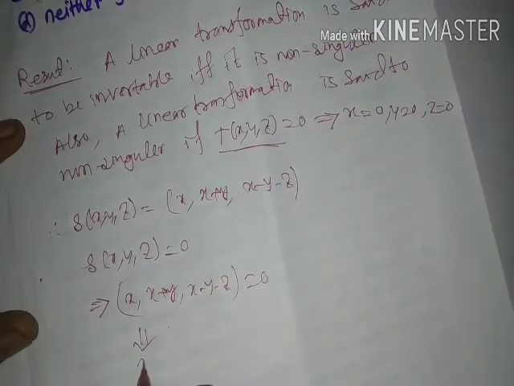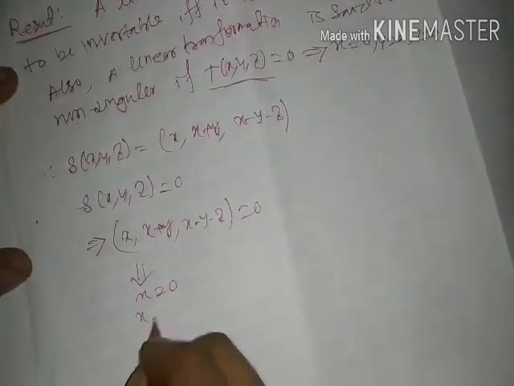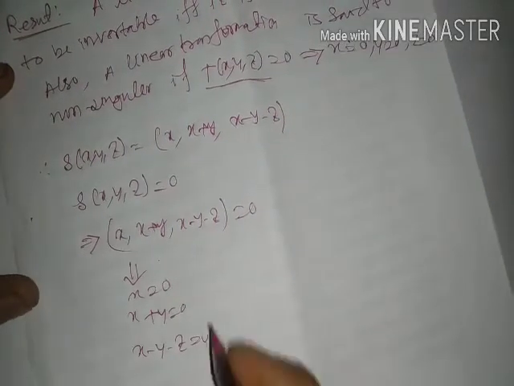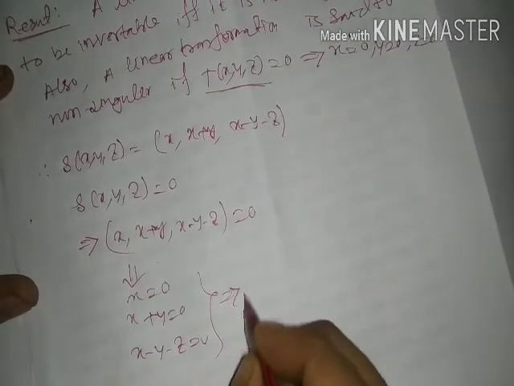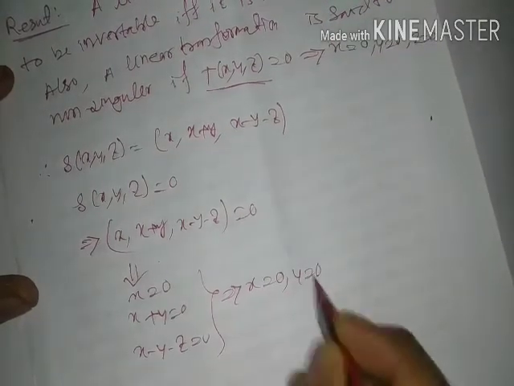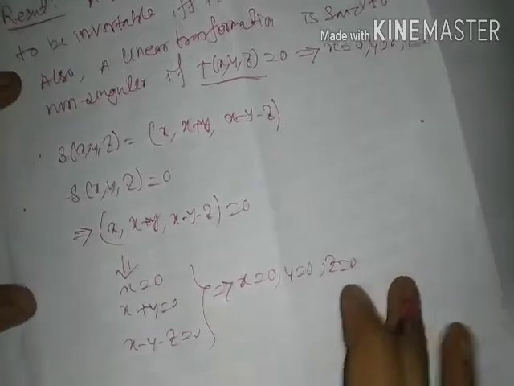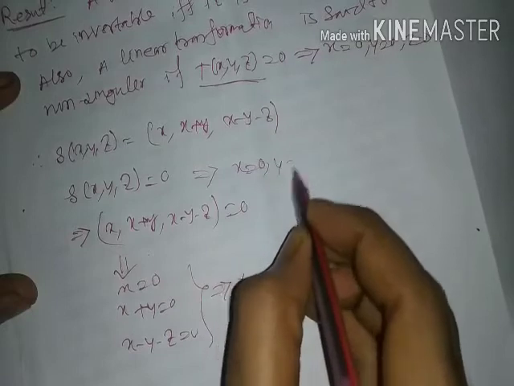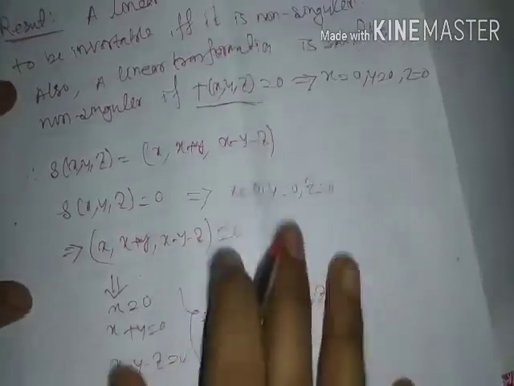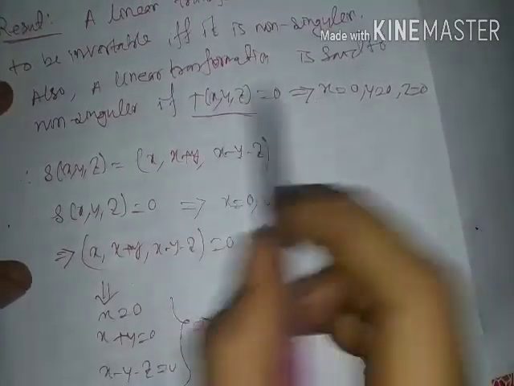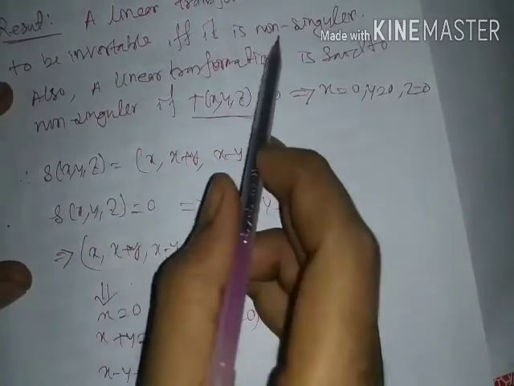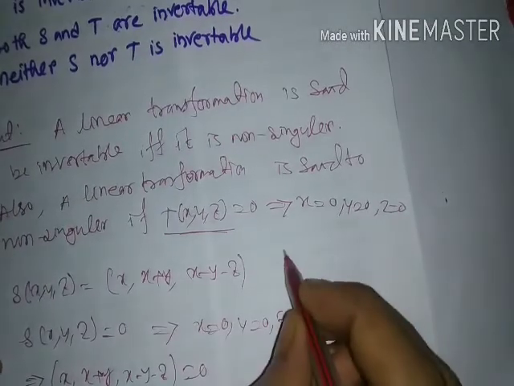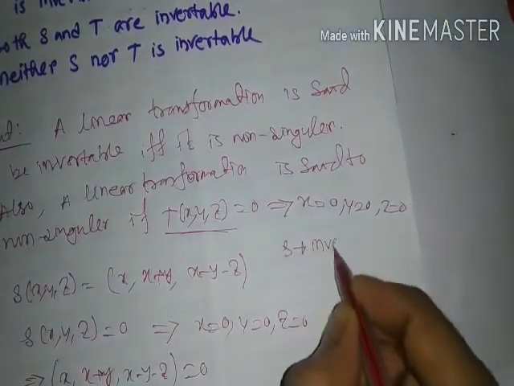This implies x equal to 0, x plus y equal to 0 and x minus y minus z equal to 0. Solving this system we get x equal to 0, y equal to 0 and z equal to 0. Using this result, S is non-singular. As it is non-singular, it is invertible. So we get S is invertible.